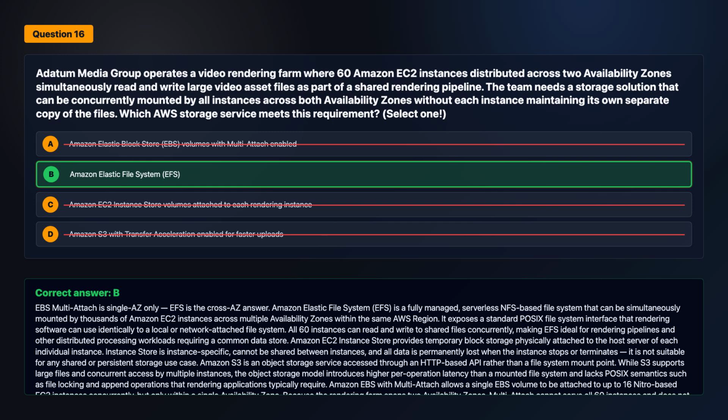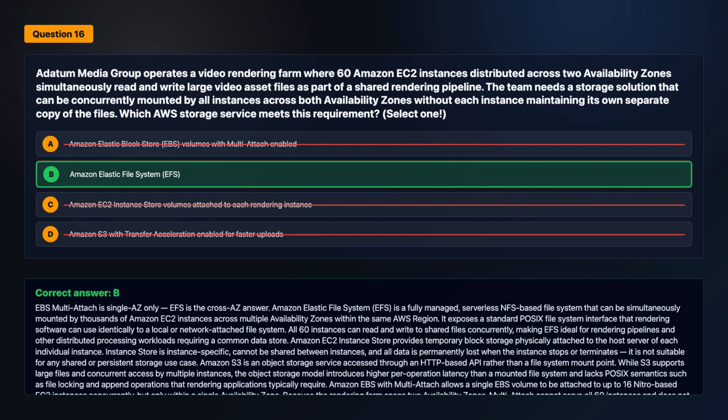Amazon EC2 Instance Store provides temporary block storage physically attached to the host server of each individual instance. Instance Store is instance-specific, cannot be shared between instances, and all data is permanently lost when the instance stops or terminates. It is not suitable for any shared or persistent storage use case.